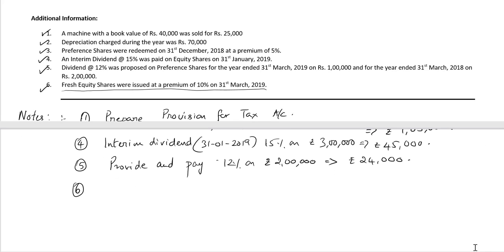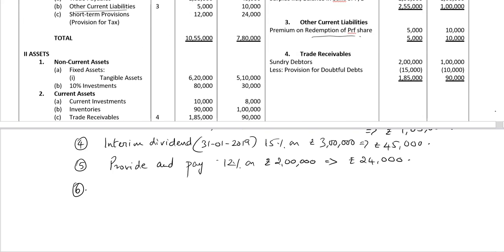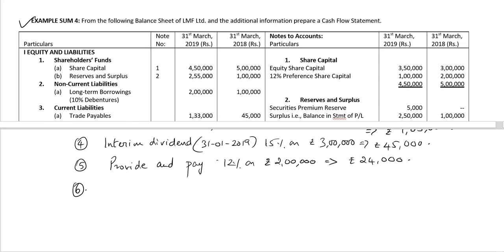We'll move on to the sixth point. It says fresh equity shares were issued at a premium of 10% on 31st March 2019. We already saw in note 1 that the face value of equity shares issued is rupees 50,000.